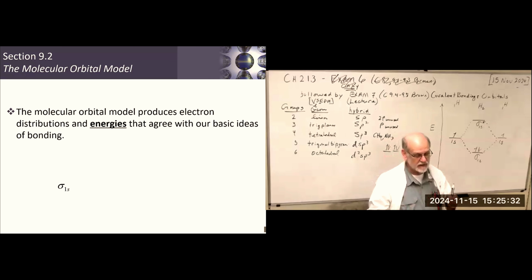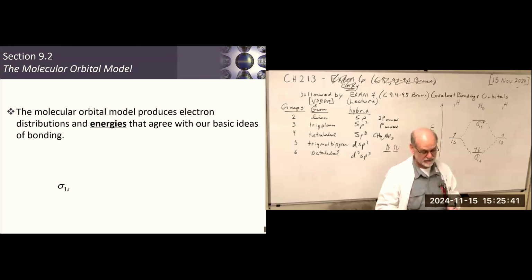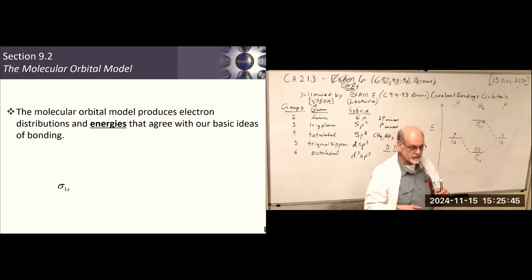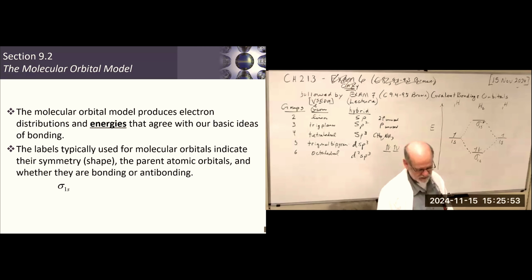And they agree with all the basic ideas we have about bonding and the calculations that we can produce and determine in the laboratory. So the molecular orbital theory is much closer to reality, so to speak, than any of the other theories. It gives you more information. I think that sigma 1s is in there out of order.